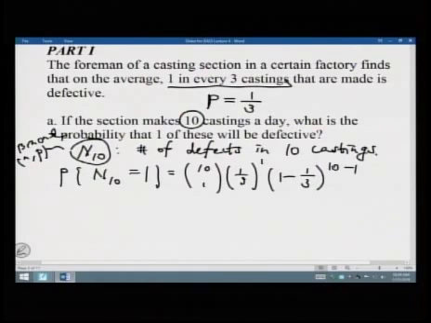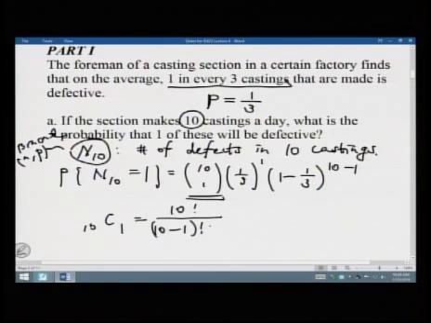By the way, you guys know how to compute this, right? 10 combination 1. How did you get this? I want you to recall from memory. That's going to be 10 factorial over 10 minus 1 factorial times 1 factorial.